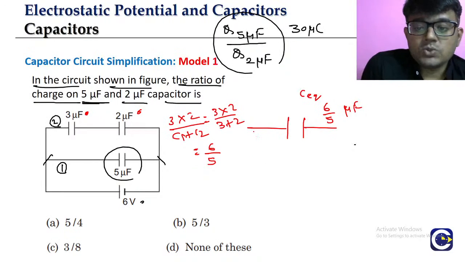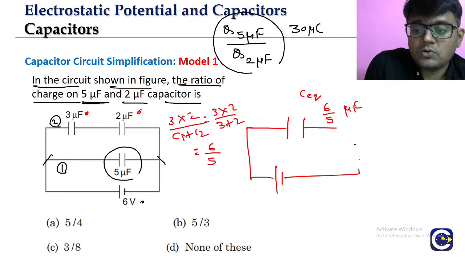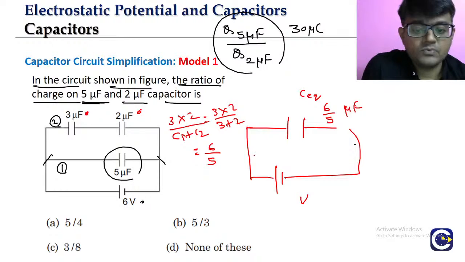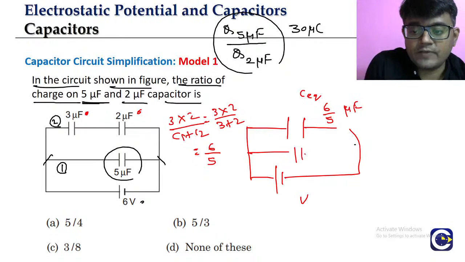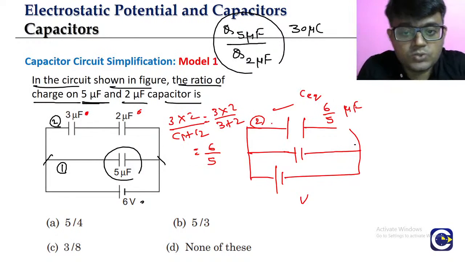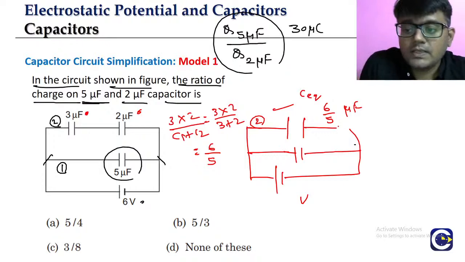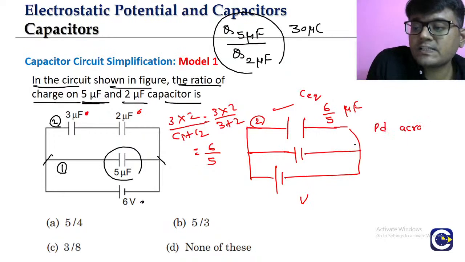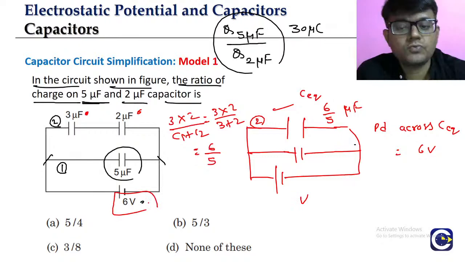So branch 2, how is it? That is also in parallel to the voltage source. Branch 1 here is the 5 microfarad, which we have already discussed. We are looking at only branch 2. Branch 2 is also parallel to the source voltage, right? So see, across C equivalent, how much? Same 6 volt, because the source voltage is 6 volt, right?